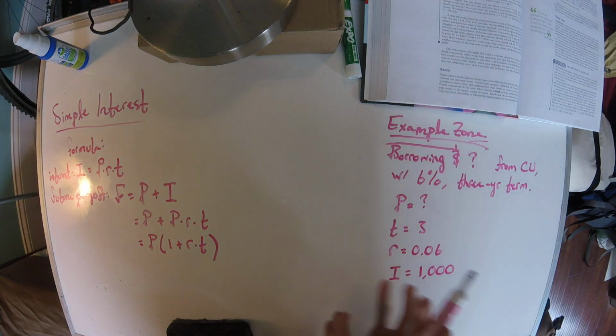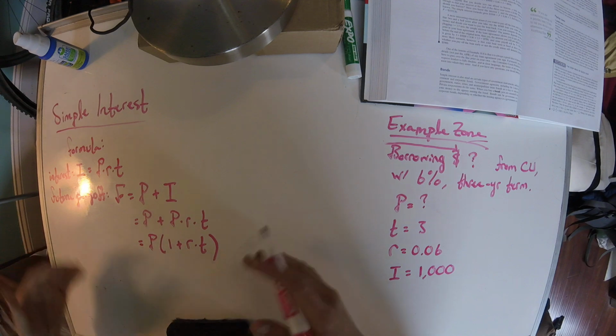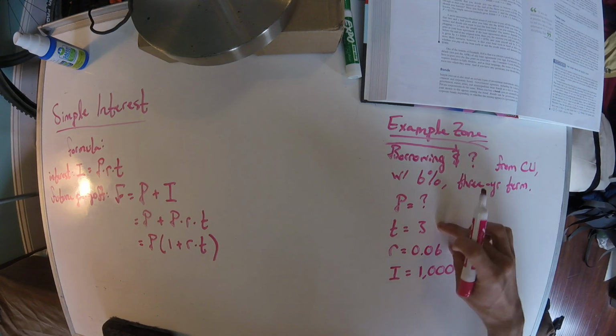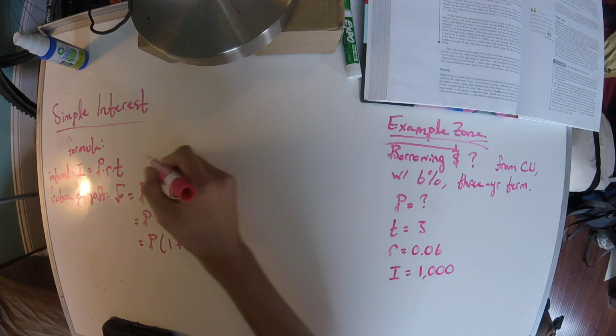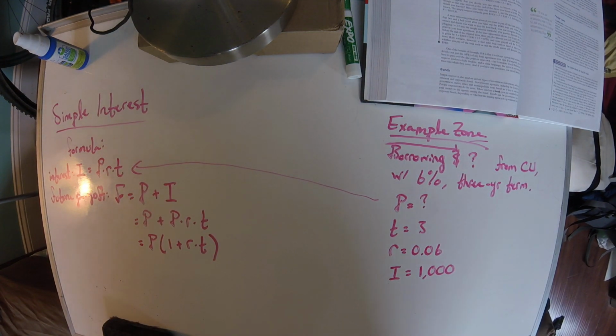We can just look back at our formulas that define the various pieces of this simple interest story, and say, okay, well, we've got T and R and I, but no P. What do? It looks like the formula for interest would be pretty useful to us here. So let's go ahead and set the things equal to one another.